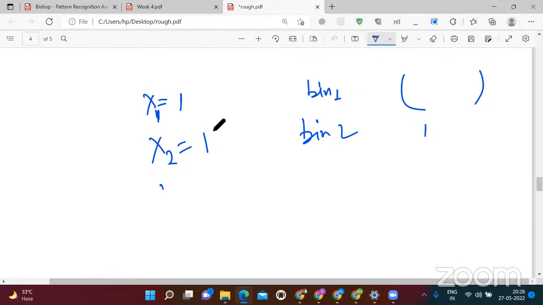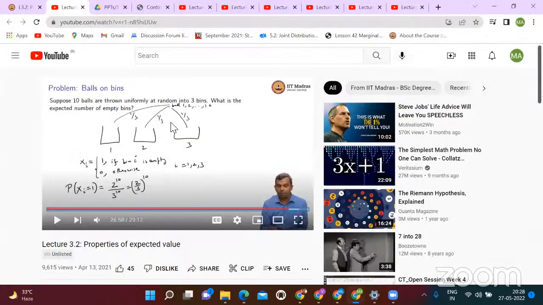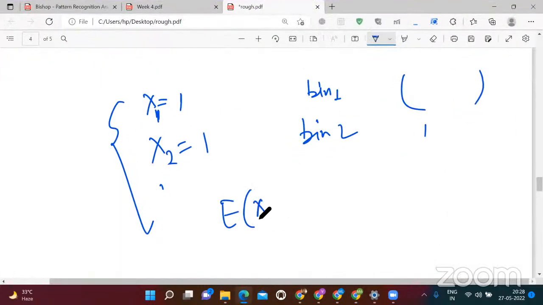So what we have to calculate is the expected number of empty bins. We have defined the random variables in such a way that if we are able to calculate the expectation of x1 plus x2 plus x3, that is going to give the expected number of empty bins, right?